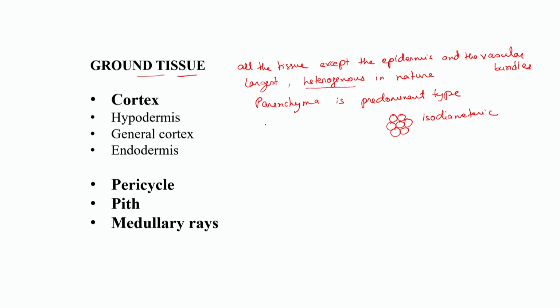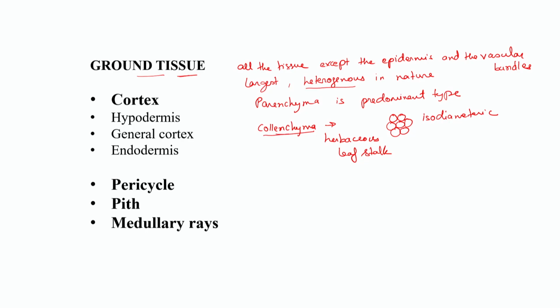Among it, collenchyma will also be present, and generally it will be present in the superficial regions of herbaceous stems and rapidly elongating bodies like leaf stalk and petiole. Okay, so that we have already discussed before, that collenchyma is also a living tissue.